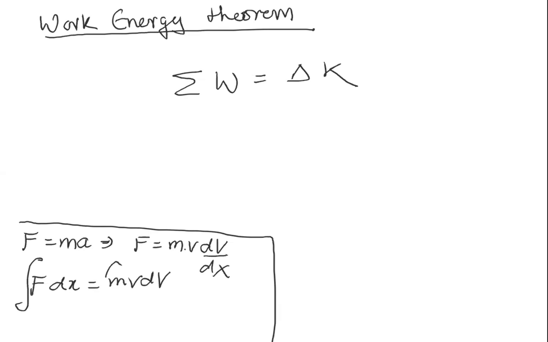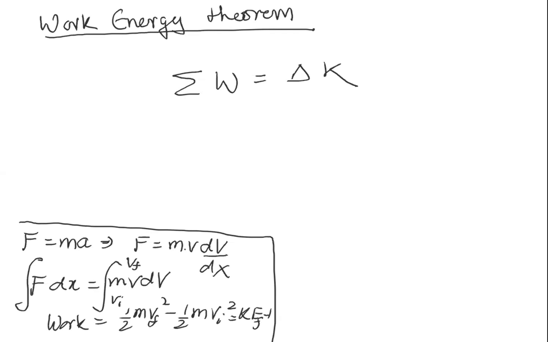And if I integrate both sides, on the left-hand side I get work done, and here I will get half m vf square minus half m vi square, which is defined as kinetic energy. So kinetic energy is equal to half mv square.